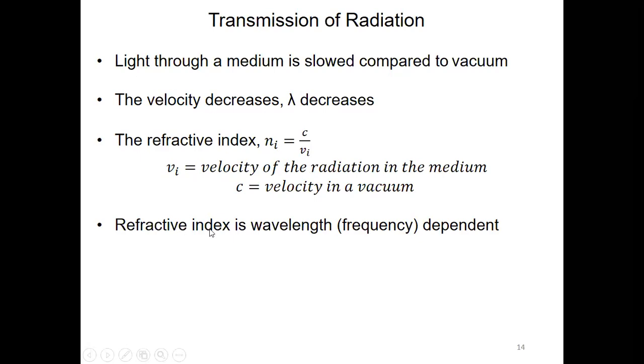And refractive index is wavelength dependent, and also frequency dependent, right? That is another phenomenon that waves undergo. So this one also you will use when we learn about certain spectroscopic techniques.